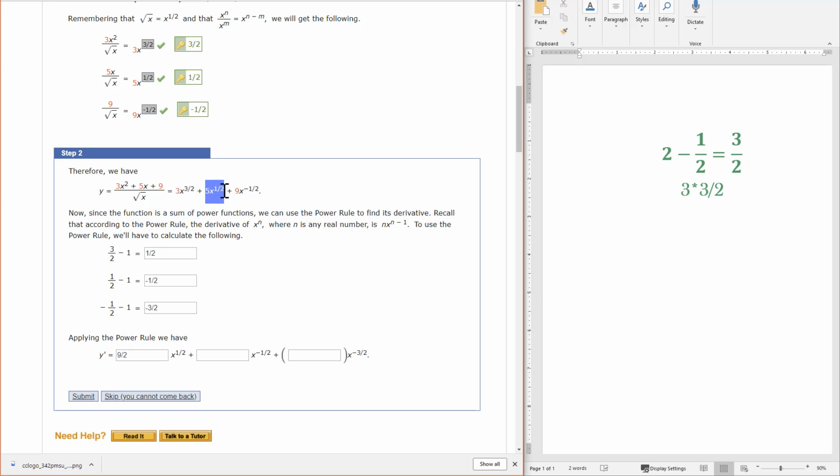Now we bring the 1/2 down, so that's 5 times 1/2, which is 5/2, and then x to the negative 1/2 power, because we had to subtract. And the last one, we bring the power down. It'll be 9 times negative 1/2, so that's going to be a negative 9/2. And I notice that there's a plus here, so this has to be a negative. So that's a negative 9/2, and for the x, we take this power and subtract 1, we get negative 3/2, and that's what they got.